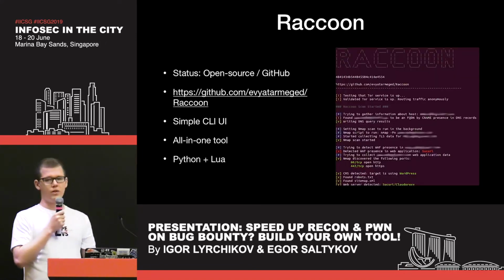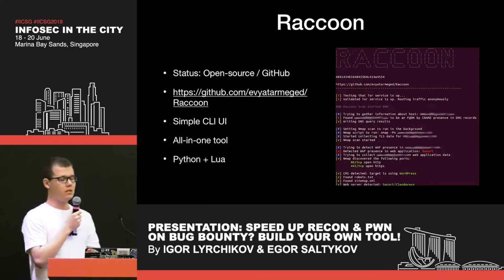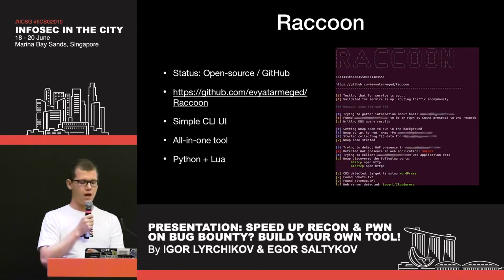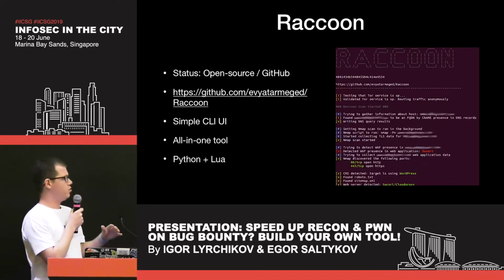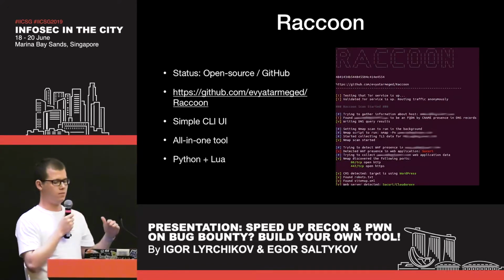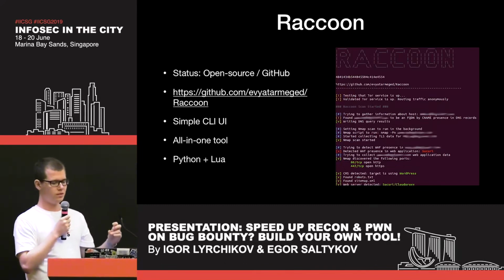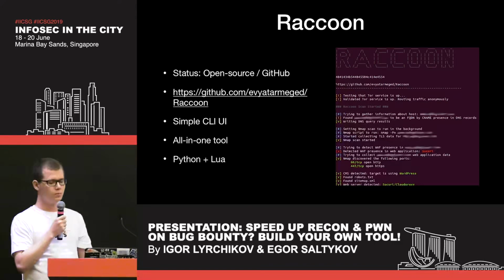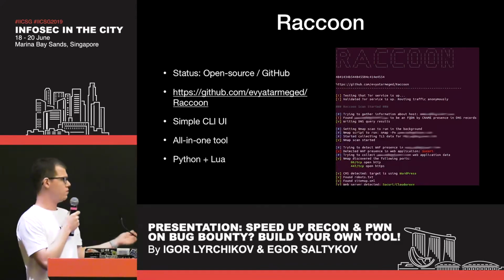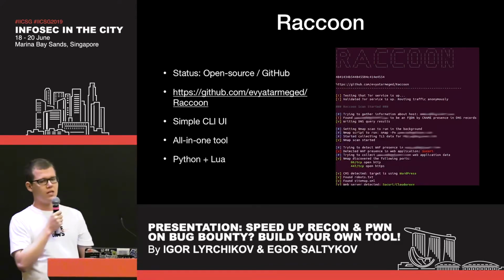The next thing is Recon. It's still open source on GitHub. It has a very simple console UI. To be honest, it's just a launcher for several tools that creates one output using Python and Lua scripts.